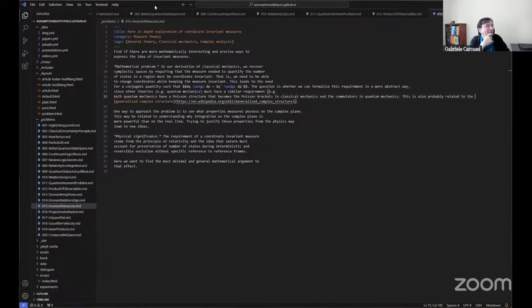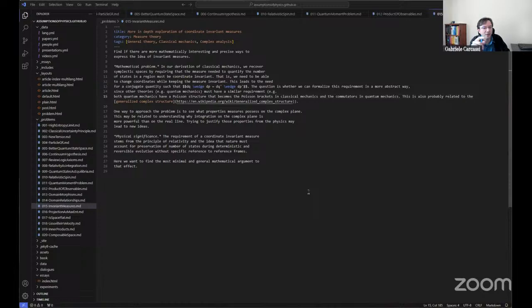And the physical significance: the requirement of coordinate invariant measures stems from the principle of relativity and the idea that nature must account for preservation of the number of states during deterministic and reversible evolution, without specific reference to a reference frame. So this is what you're trying to make invariant here. You want to say, okay, there are states, and we are going to characterize states with variables that have units.